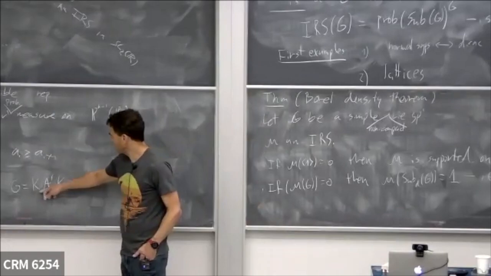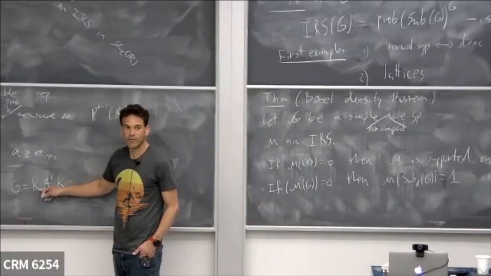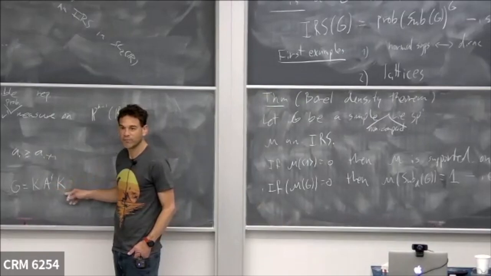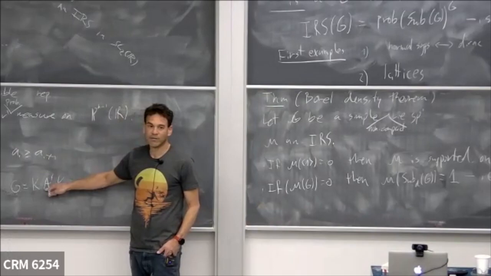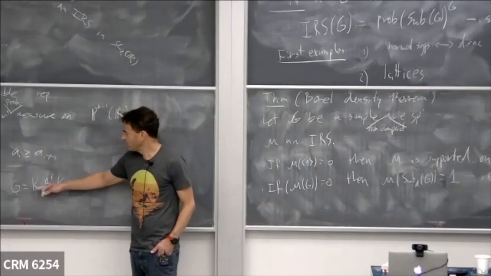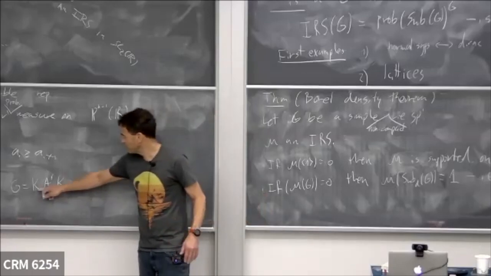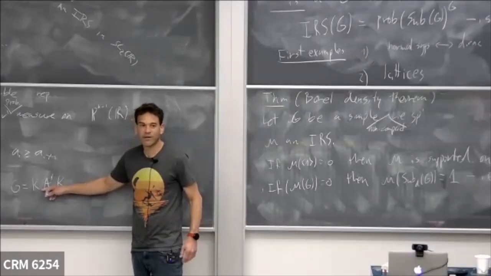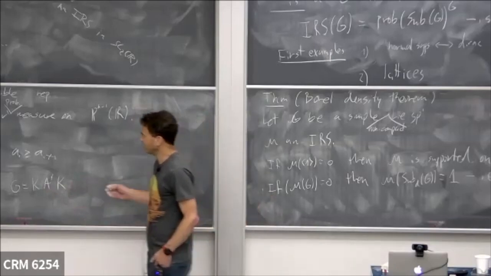So every matrix you can write as an orthogonal matrix times a diagonal matrix times an orthogonal matrix, and this diagonal matrix is unique. The decomposition is almost unique, but the non-uniqueness is in the compact part, not in the middle, but it doesn't matter.